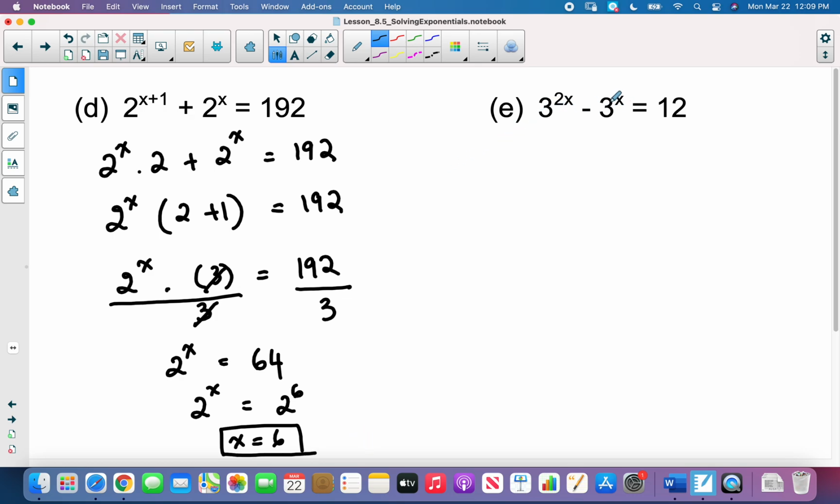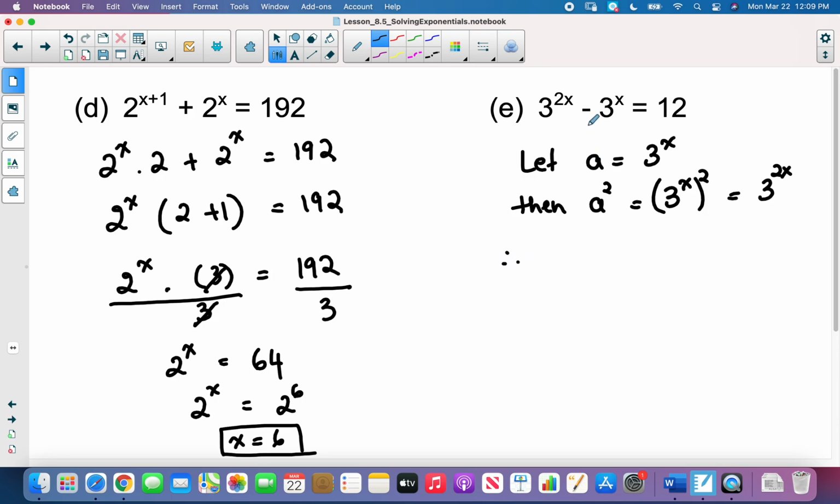This one here, it's 3 to the power of 2x minus 3 to the power of x equals 12. This cannot be split like I did here, but I can create a new variable and say let a equals 3 to the power of x. Then if I square the a, that would be 3 to the power of x squared, which is 3 to the power of 2x.